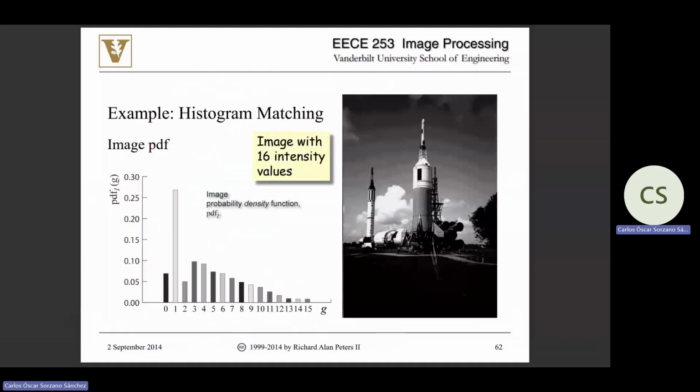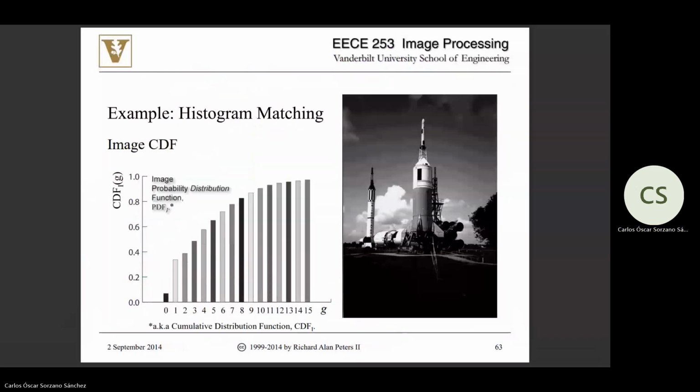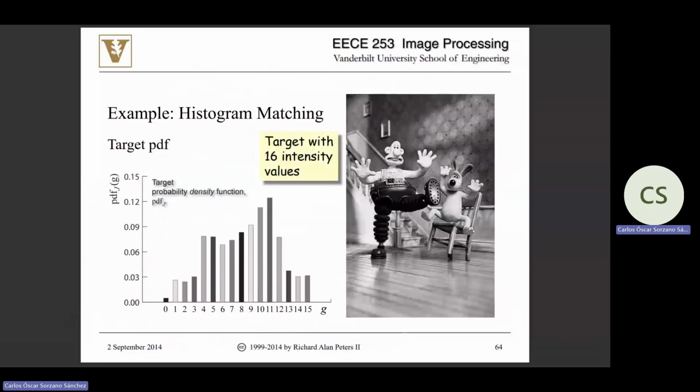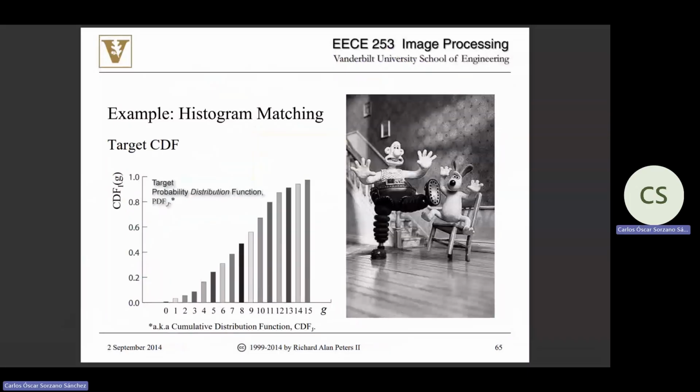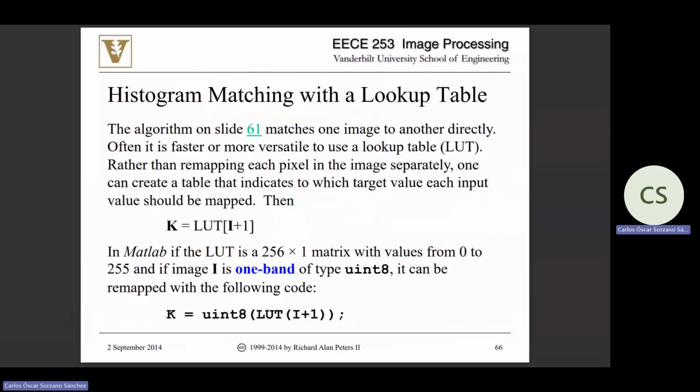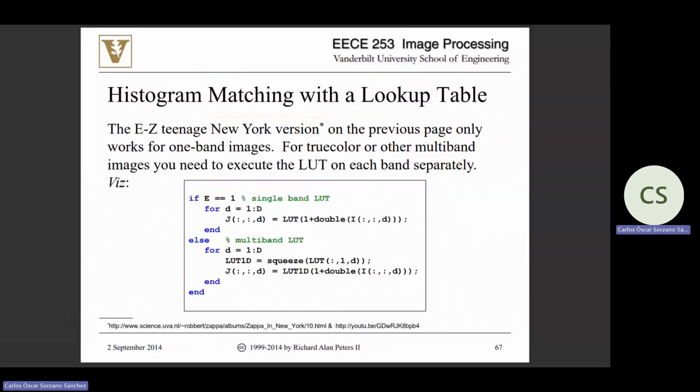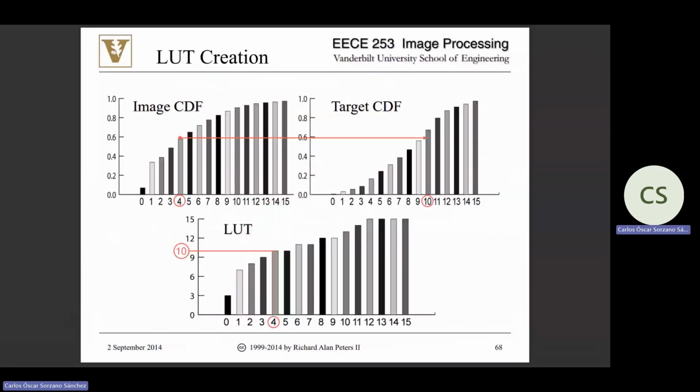So you have only 16 values so that we can track the whole histogram. And then this is the CDF, and this is the PDF of a different image. This is the CDF. And then I construct my lookup table. This is the MATLAB code for that.